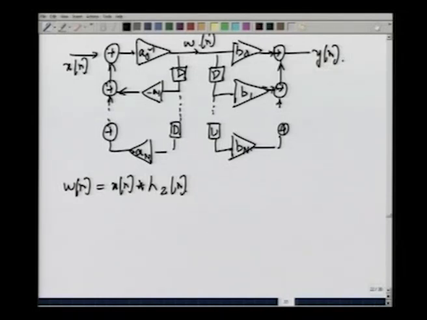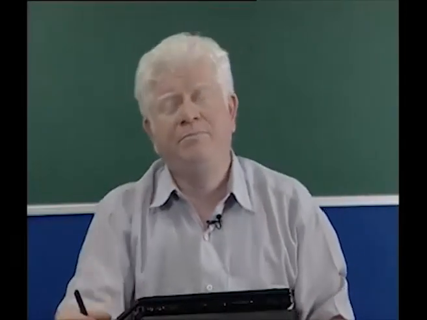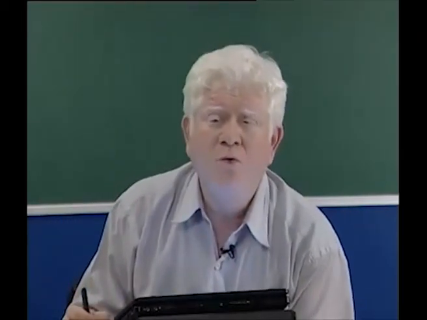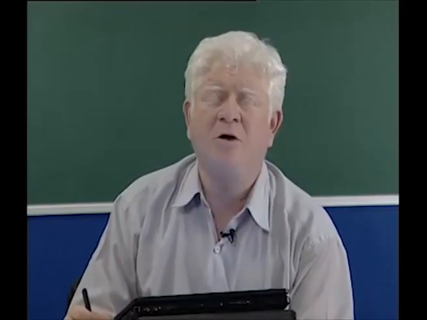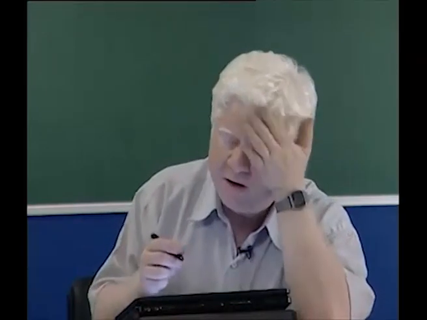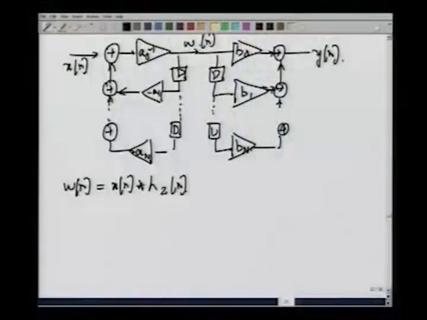But now let us look at these blocks. You have something called wn over here, and wn has been delayed n different times for the moving average part and n different times for the autoregressive part, but it is the same signal which is getting delayed 2 times through 2 sets of parallel delay blocks. We need only one set of parallel delay blocks. So we could actually simplify this diagram by combining all these delays together.